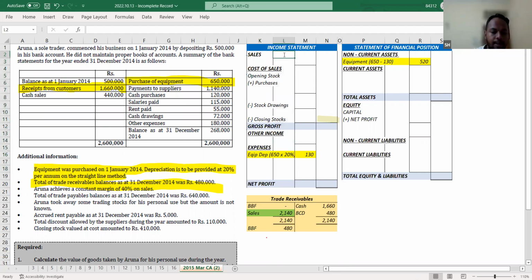So sales, there is cash sales 440. Credit sales 1,600, 2,100 credit sales. We divide the sales into cash sales and credit sales.